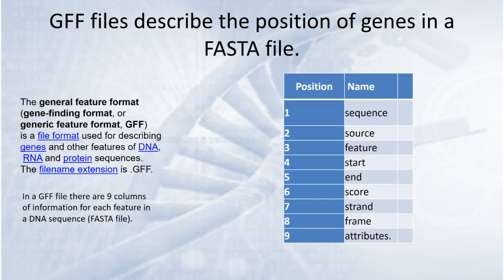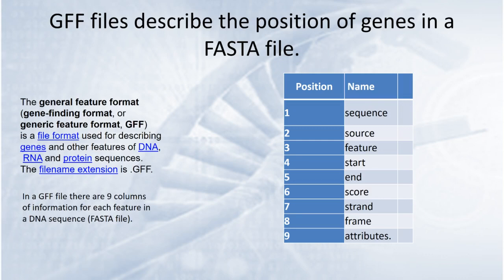I just want to talk briefly about file formats that are common. There are a couple of file formats that you will run into as part of your project here. One of them is a GFF file, which has various names: general feature format, generic feature format, whatever, and the file extension is GFF.